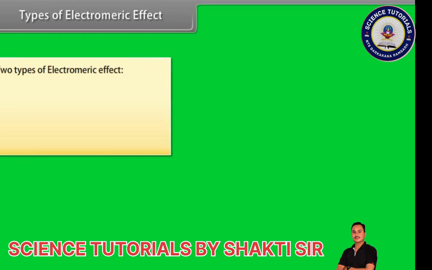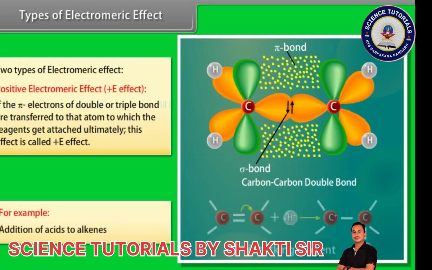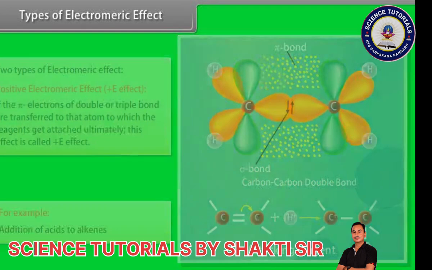Two types of electromeric effect: positive electromeric effect, positive E effect. If the pi electrons of the double or triple bond are transferred to that atom to which the reagent ultimately gets attached, this effect is called positive E effect. For example, addition of acids to alkenes.